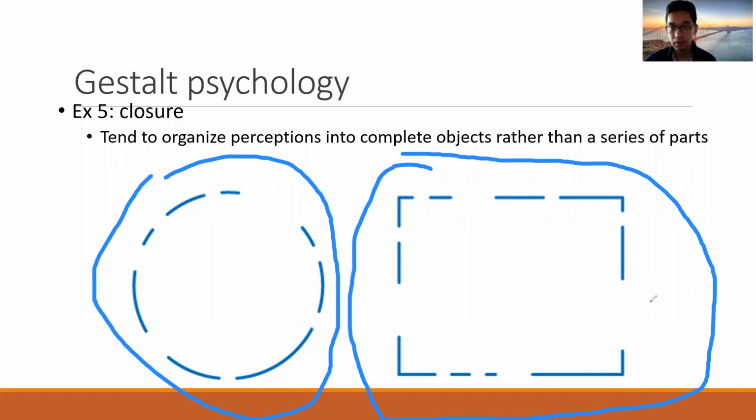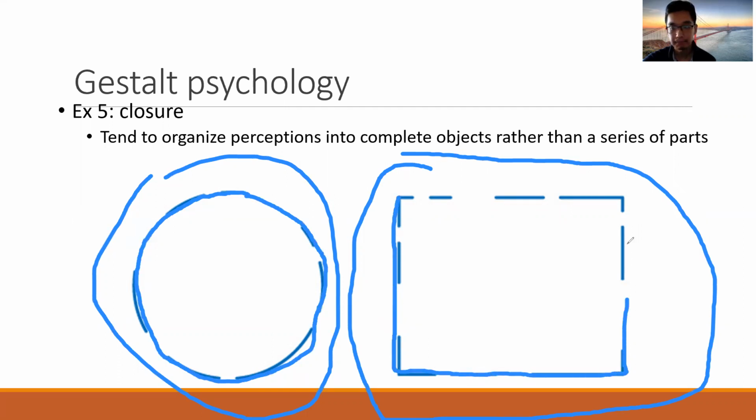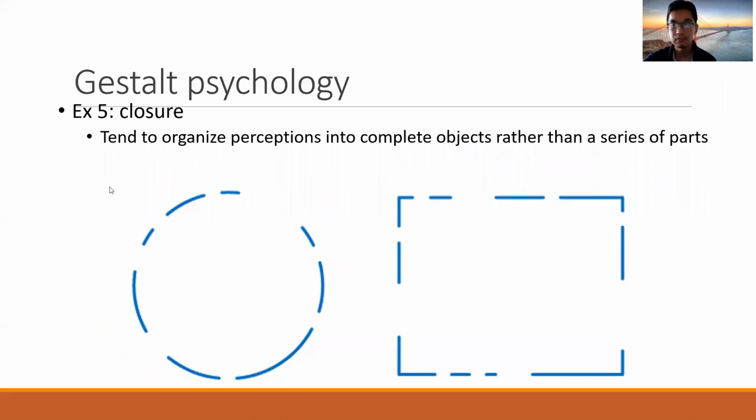How can you see it? Actually, these are just incomplete lines here. But people tend to see complete objects. People tend to see a circle here. People tend to see a rectangle here. Right? It's very magical.